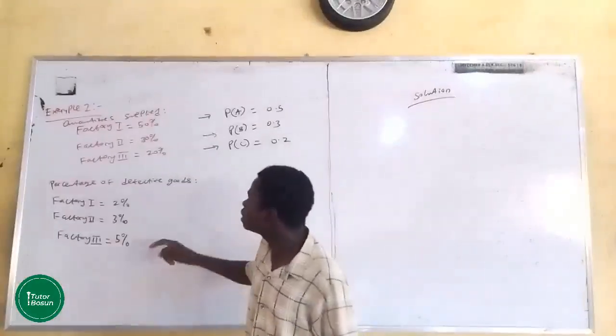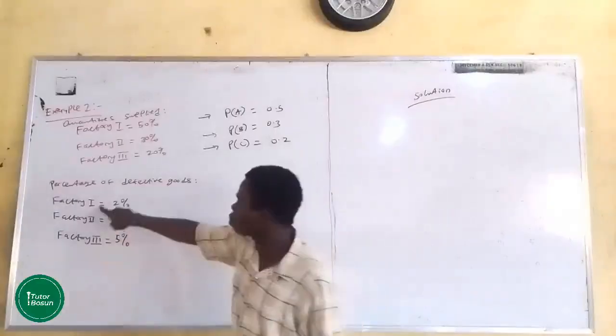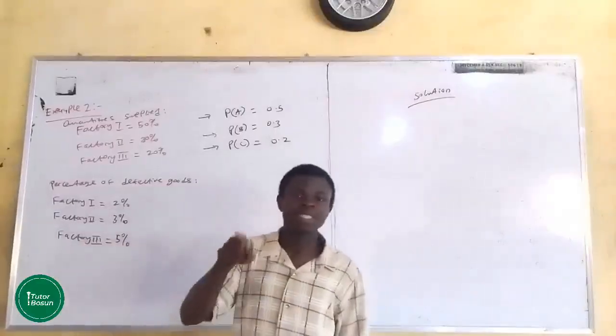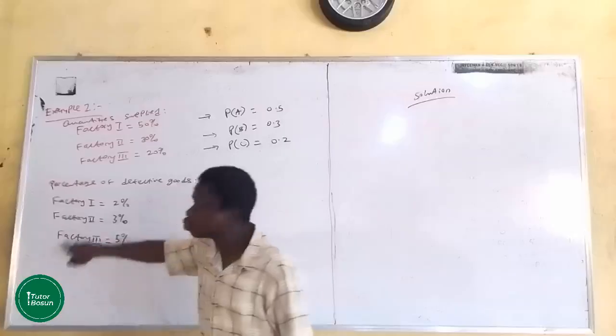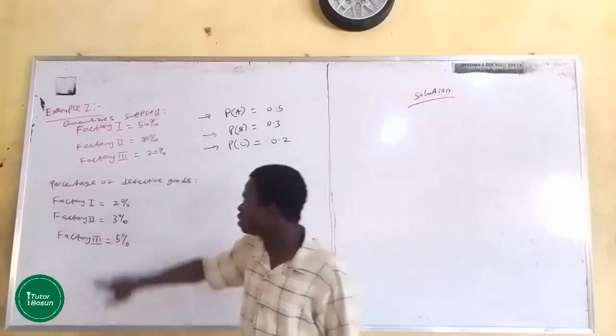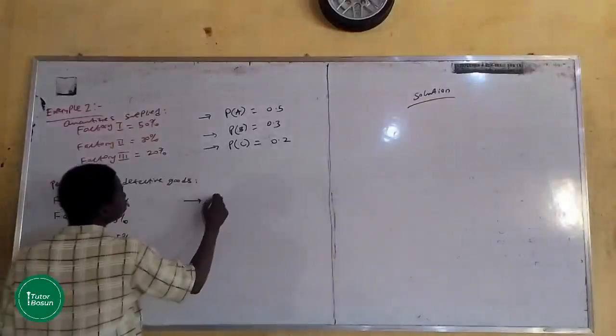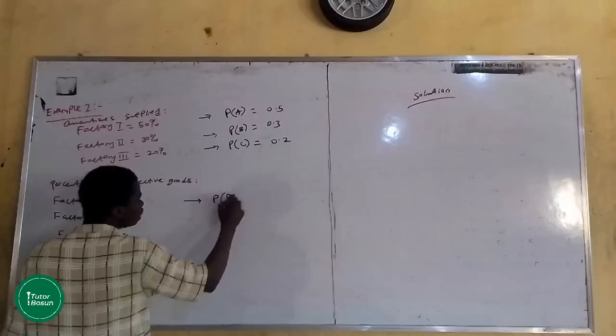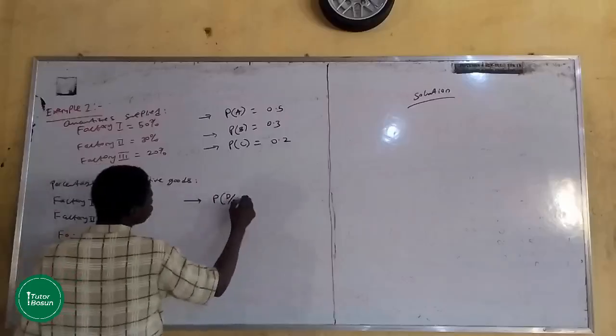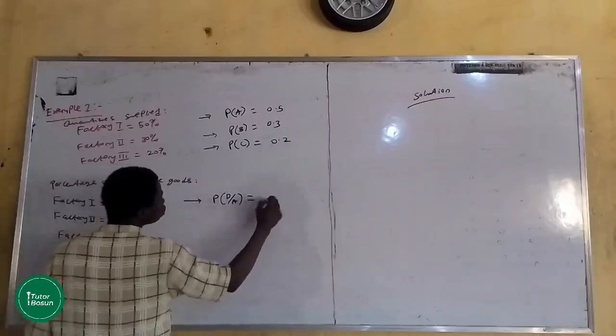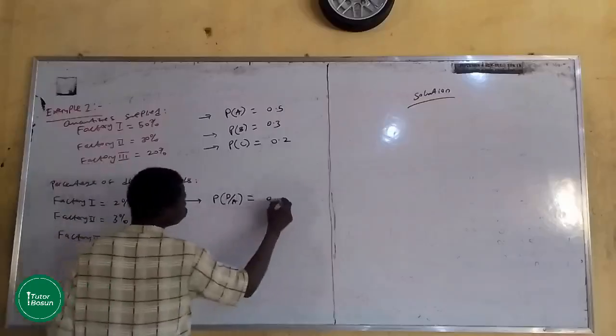That means the probability that it is defective given it is coming from factory 1, from factory 2, and from factory 3. So the probability of defective given A equals 2 divided by 100, and that's 0.02.